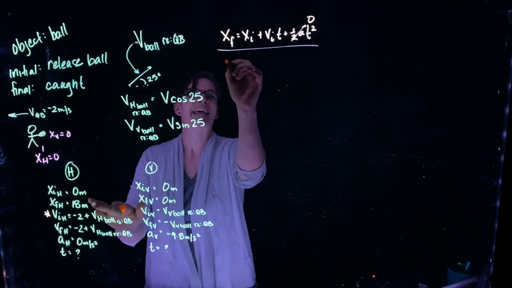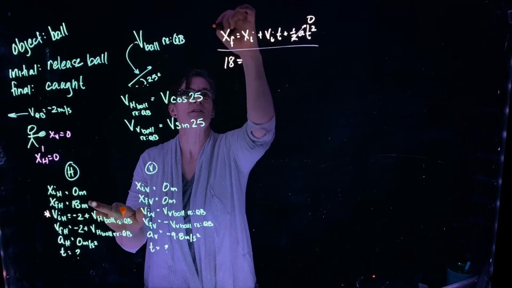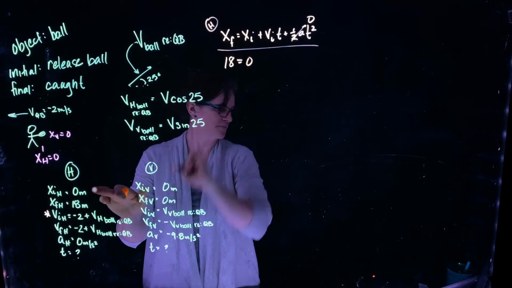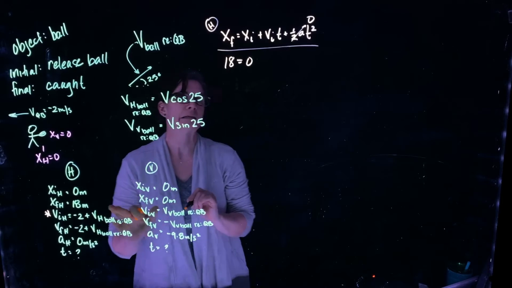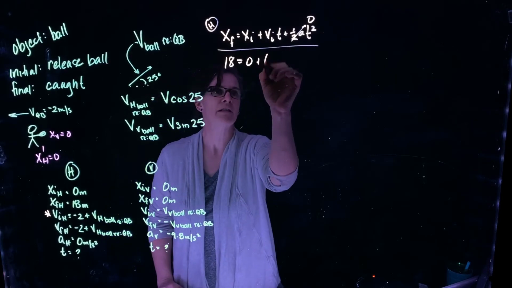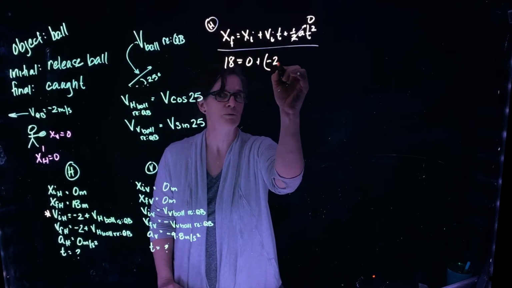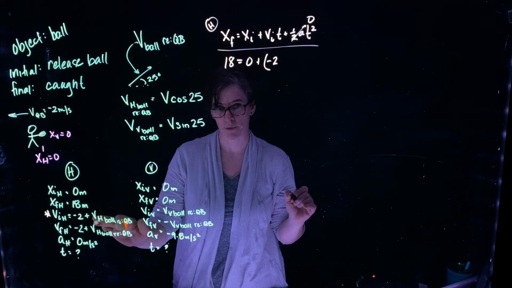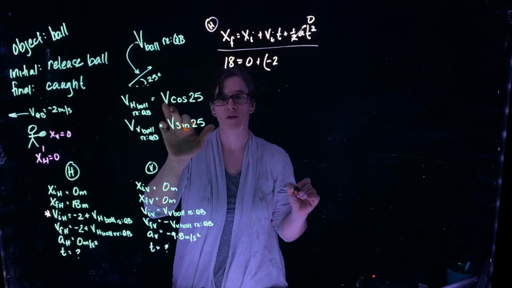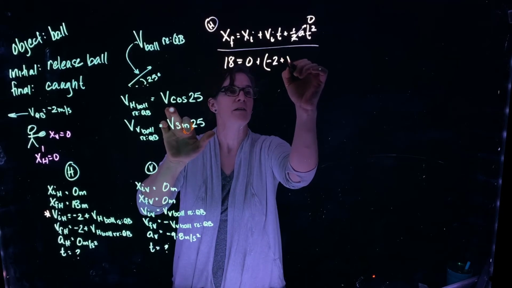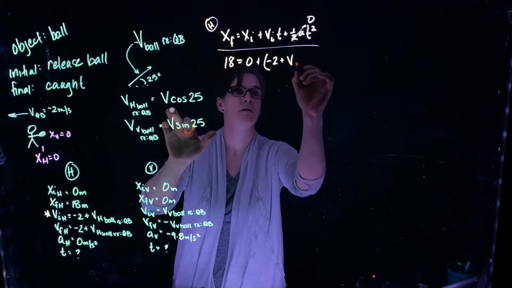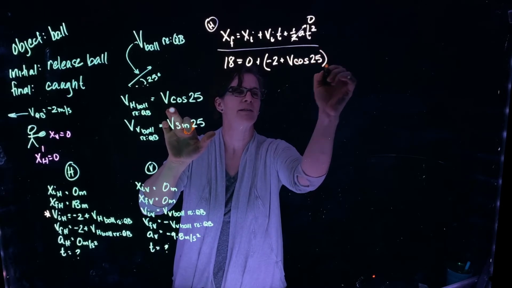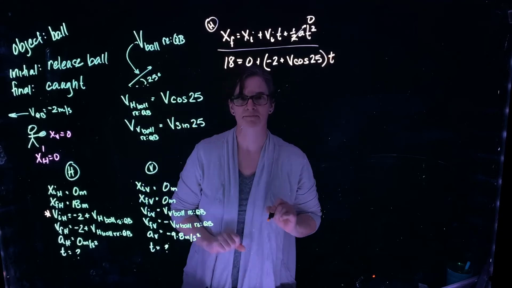We're left with 18 is equal, so this is horizontal, my x initial, which is 0, plus v initial, which is minus 2, plus the horizontal component of the ball, which is the velocity of the ball times the cosine of 25, times t.